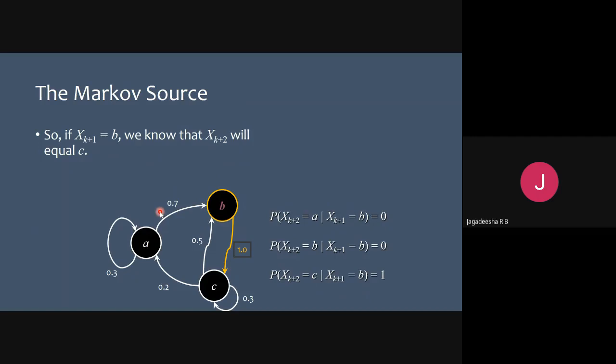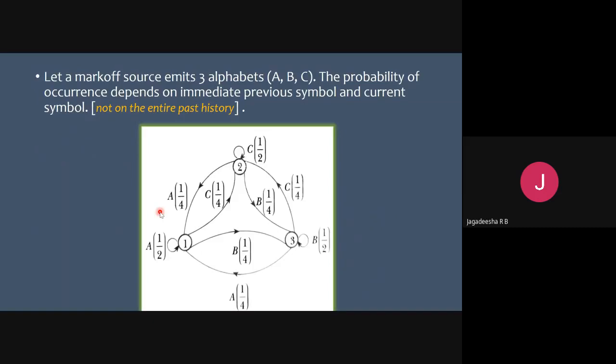Okay, let us move on. We will see another, little more complicated example here. This is again a Markov source, a dependent source that emits three alphabets like A, B, and C. Here again, as we said, it's a dependent source. The probability of occurrence of any symbol depends on its immediate previous symbol and not on the entire past history.